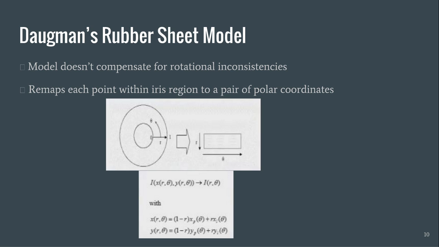Here again R and theta represent your polar coordinates, whereas x and y represent your Cartesian coordinates. XP and YP are the coordinates for the pupil, and XL, YL stand for the coordinates of the iris.